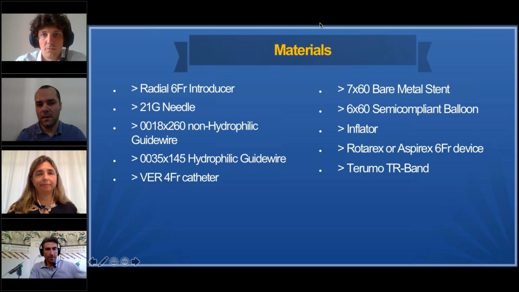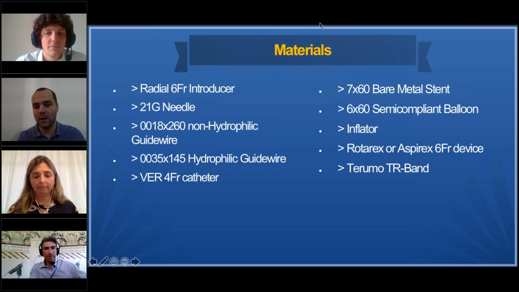As you realize, it's a little bit different from Cristina, but I think the better way is the way that works. And the radial 6-French introducer, the 21 gauge needle, a non-hydrophilic and a hydrophilic guide wire, a vertebral 4-French catheter. I really like the Cordis brand because at the same time it's a spin on the bottom, a spin on the tip.